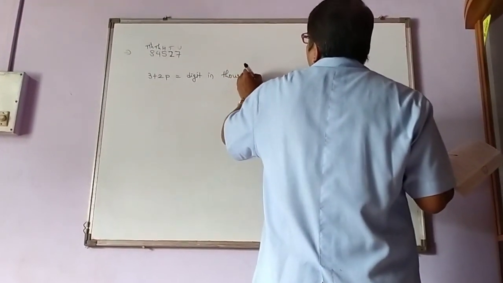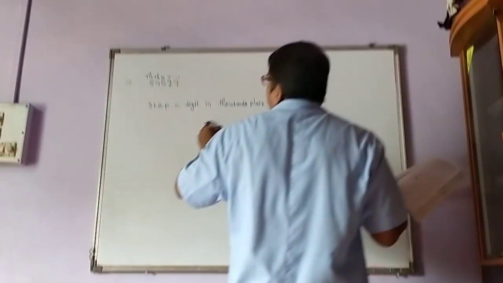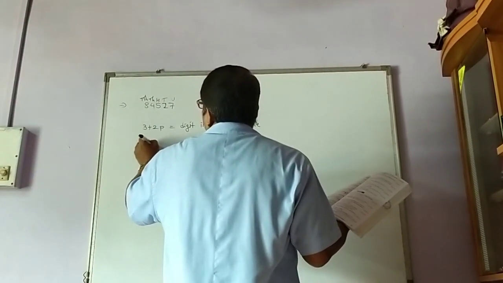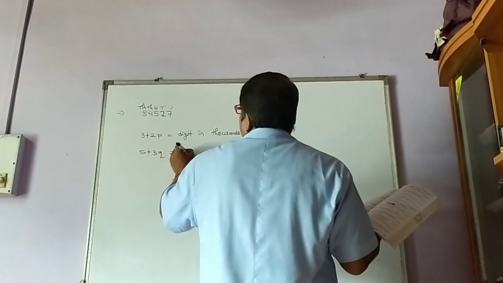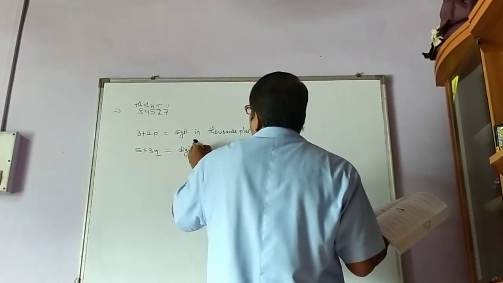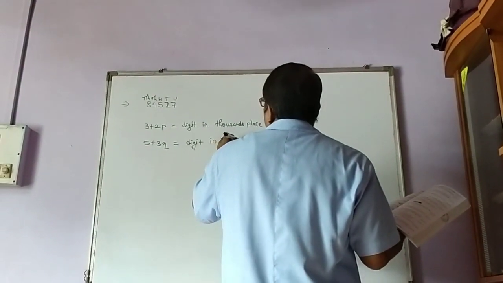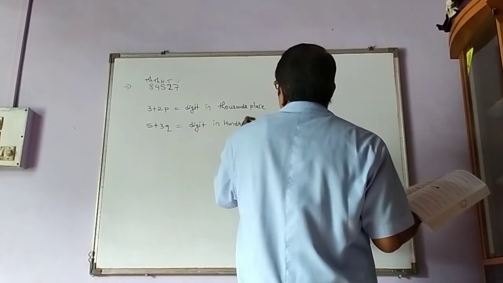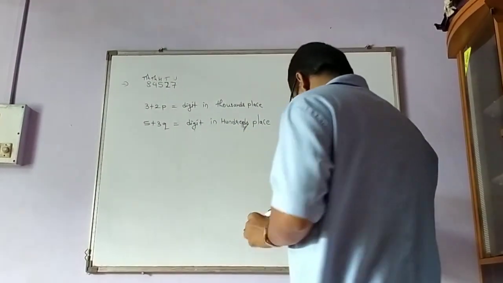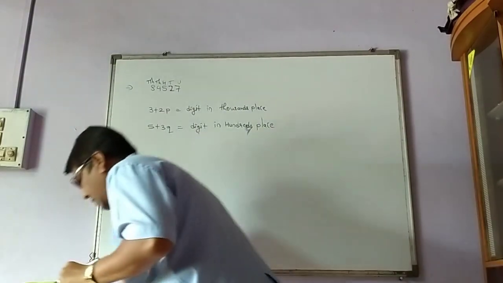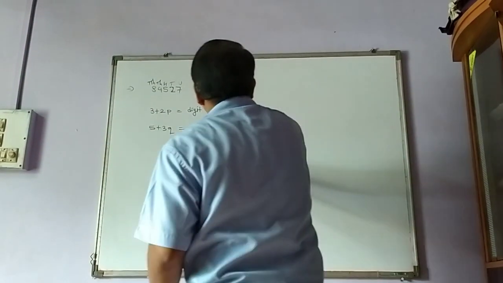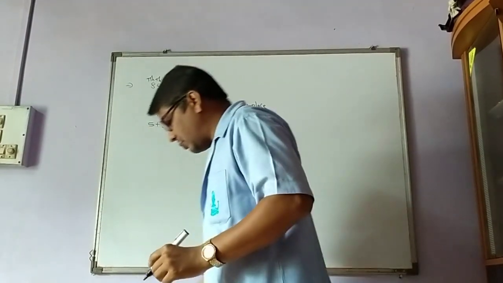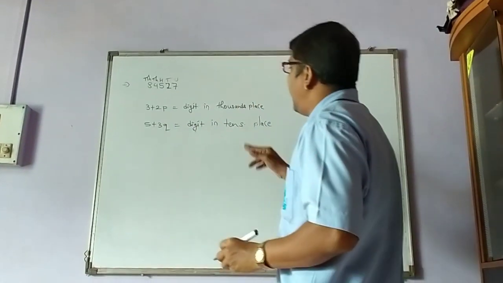And 5 plus 3q, it is digit in tens place. Sorry, tens place, not hundreds place. And you are supposed to find values of p and q.